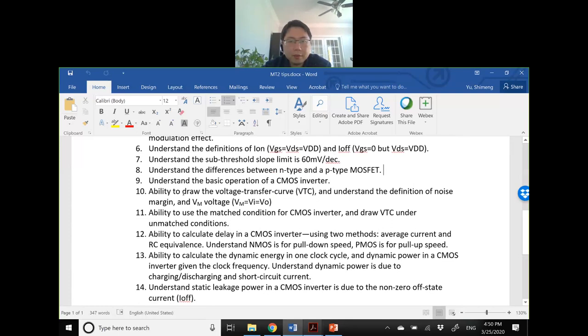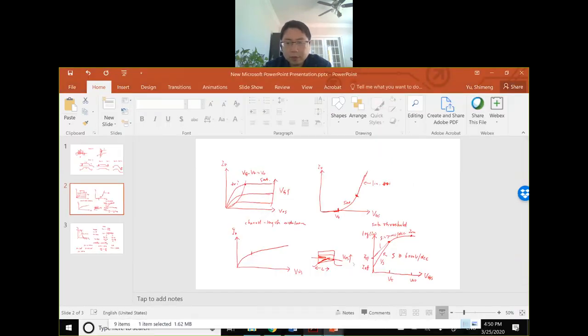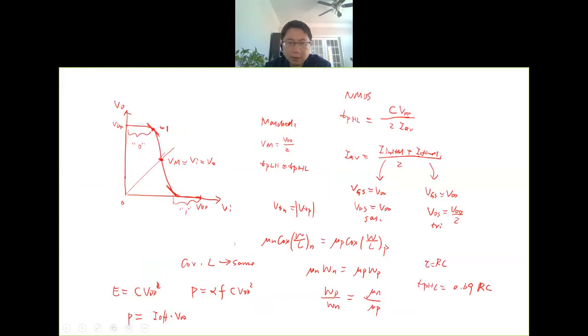For the CMOS inverter, the basic function is the voltage transfer curve, VTC, and you should understand the definition of noise margin and the Vm voltage. The VTC is the relationship between the input voltage and the output voltage.